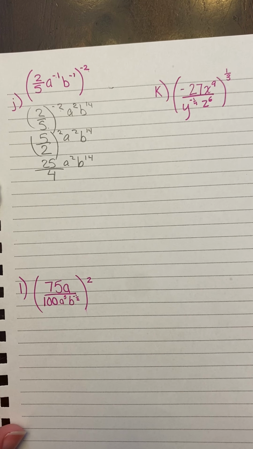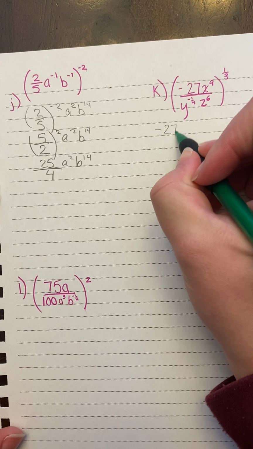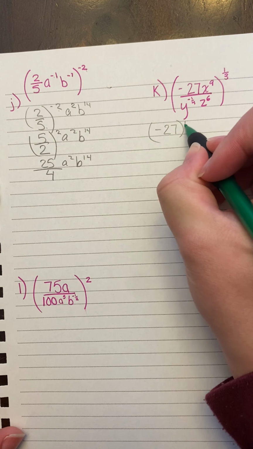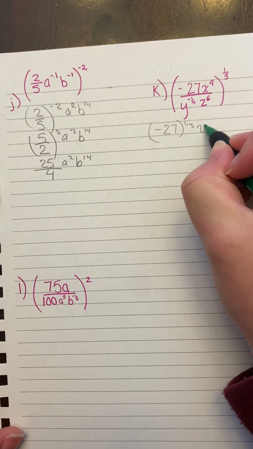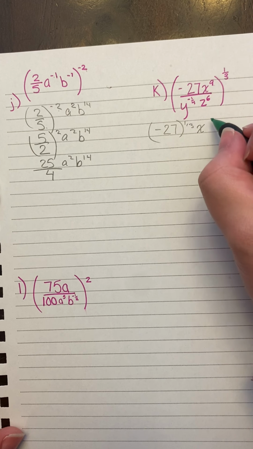Okay, now we have negative 27 x to the power of 9 over y to the power of a quarter, z to the power of 6, all to the power of 1/3. So this looks like a mess, right? So first things first, like we've been doing, I'm going to take this third and multiply it by each of these terms. Okay, so it's going to be negative 27 to the power of 1/3. x to the power, so 9 times 1/3, so 9 over 3.